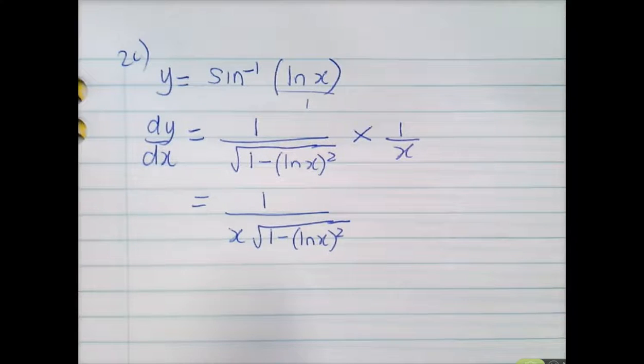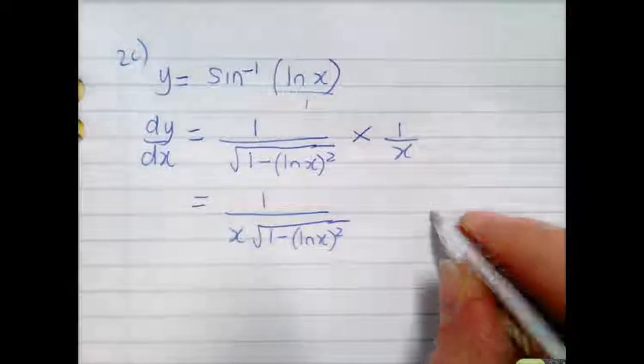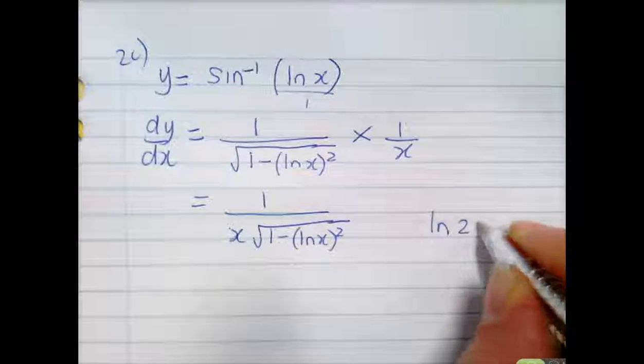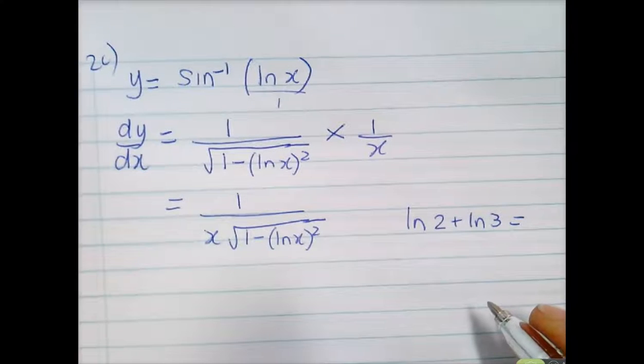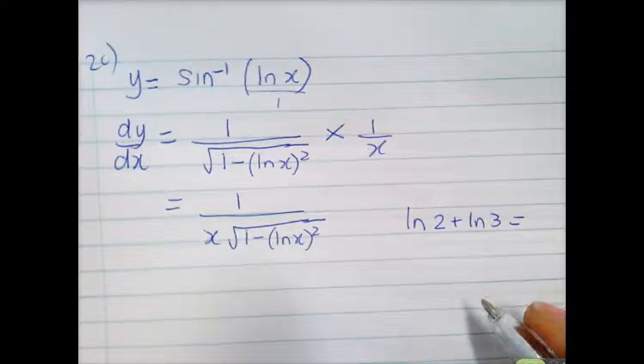There's a rule for ln x plus ln x. If I gave you ln 2 plus ln 3, how do you do that one? ln 2 times 3, yes, it's ln 6.